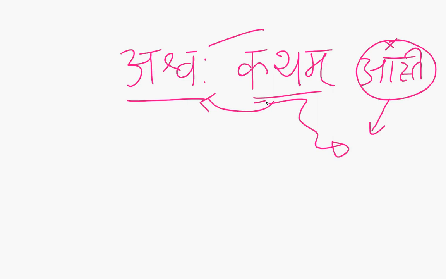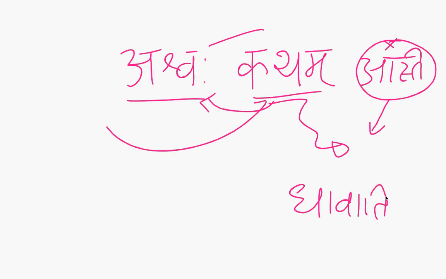Now, this katham could be placed anywhere. If there is dhavati: Ashvaha katham dhavati, katham Ashvaha dhavati, Ashvaha dhavati katham. Katham can be placed anywhere, but it again applies to that kriyapadam.